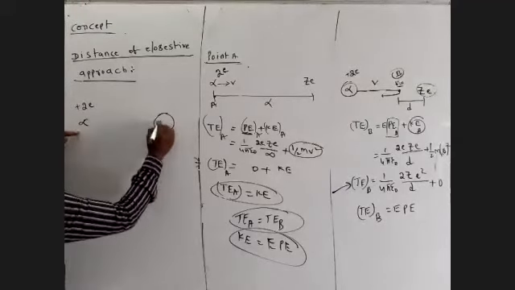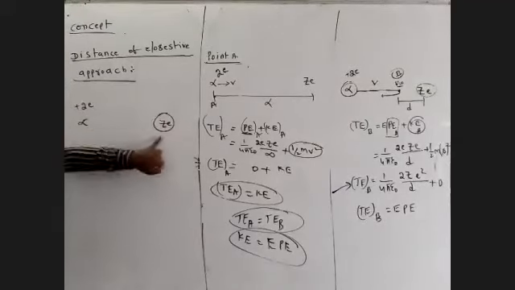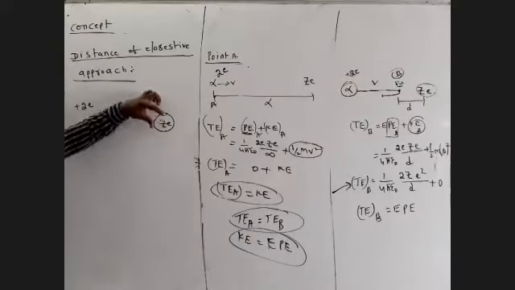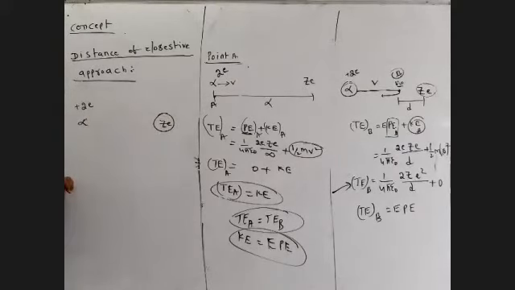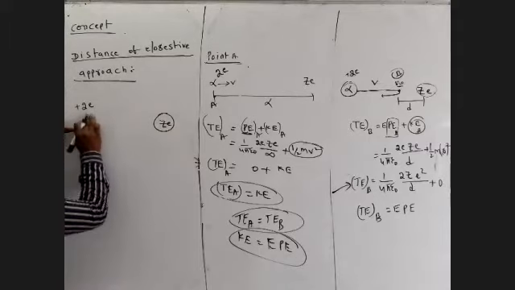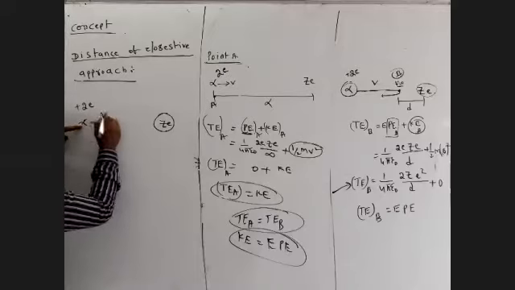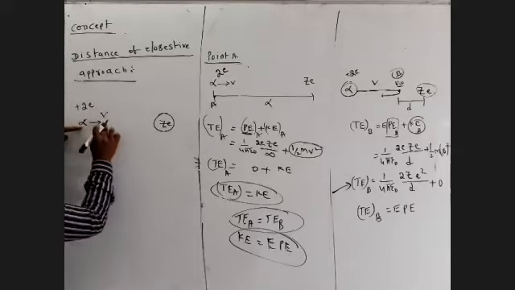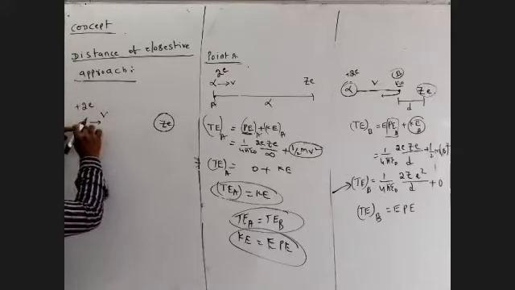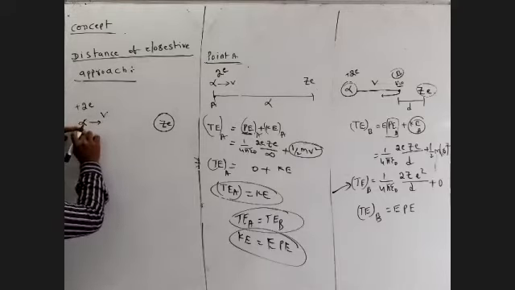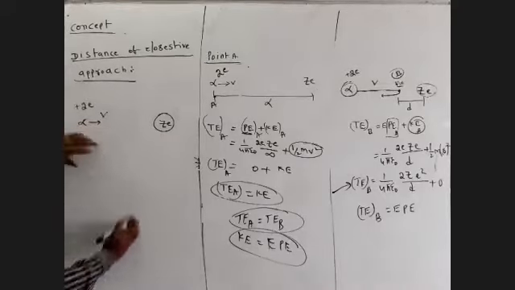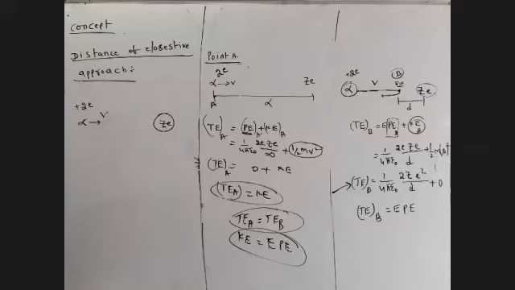This is a nucleus having Ze. The alpha particle moves with velocity v, moving towards the nucleus. That is the concept.